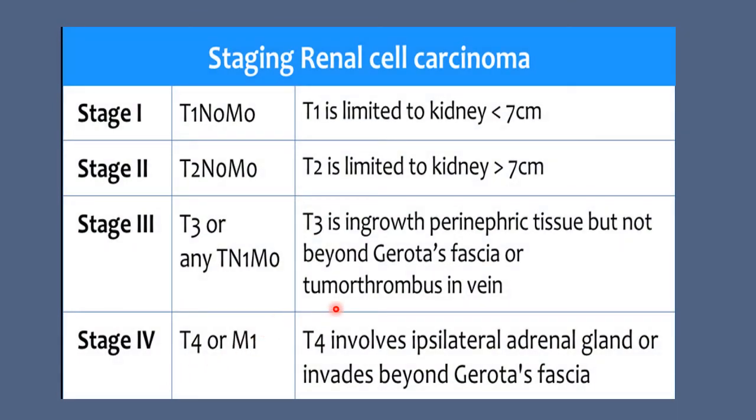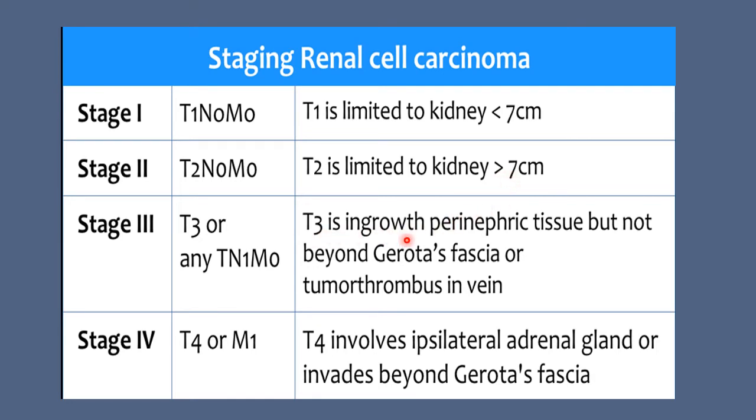This is a simplified staging system for renal cell carcinoma using the T and M classification. Okay, T1 is a tumor that is limited to the kidney and its size is less than 7 centimeters. T2, tumor limited to the kidney, but now the size is greater than 7 centimeters.